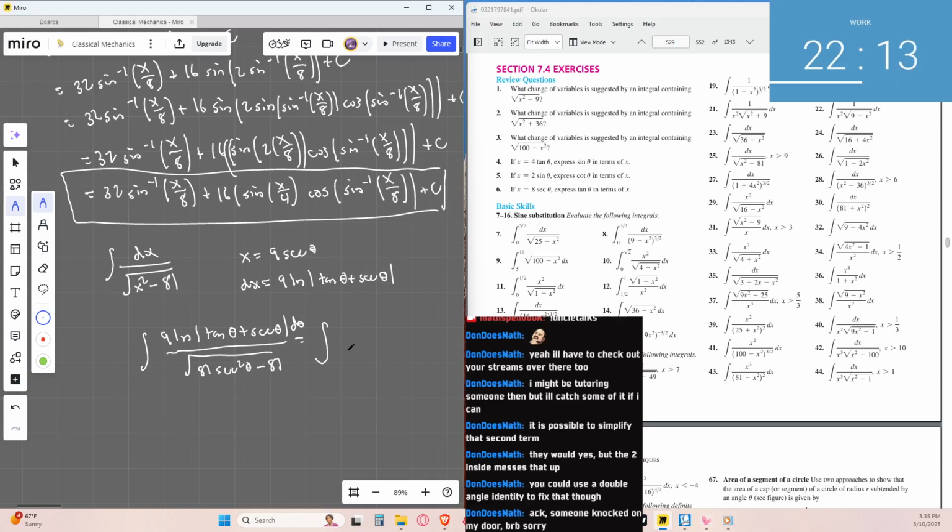Then we're going to be left with 9 on the outside, and then secant minus 1, so I'm guessing that's going to be tangent. Tangent theta secant.